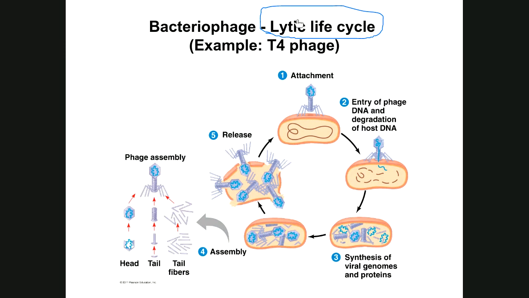The purpose for lytic has to do with the term lysis. To lyse means to rupture or break open. What happens during the lytic cycle is once a certain number of viral particles have been synthesized and assembled together, the host cell will be induced to lyse. In other words, it will rupture open, releasing the new viral particles.